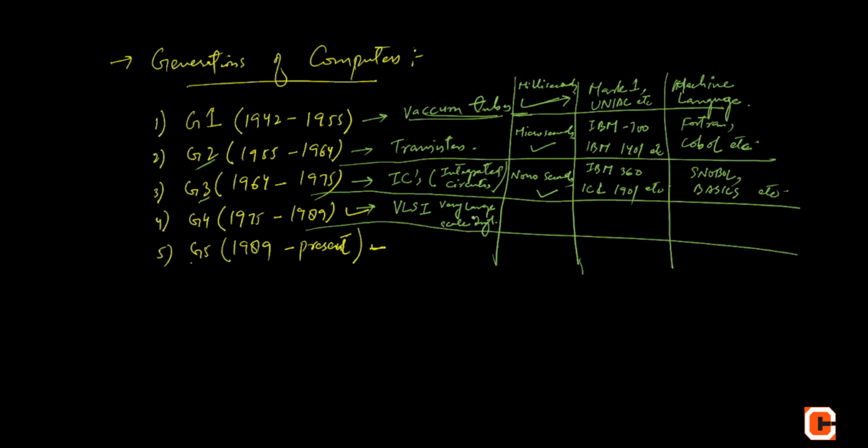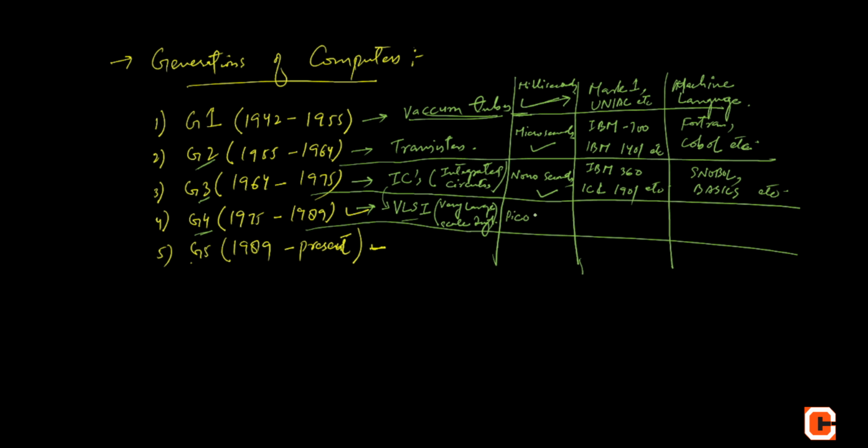VLSI technology was used, in which many ICs were actually combined to fit on a single board. And in this generation, the use of magnetic and optical storage was more prominent, and currently which we are actually using also.